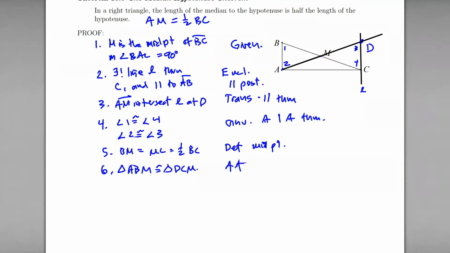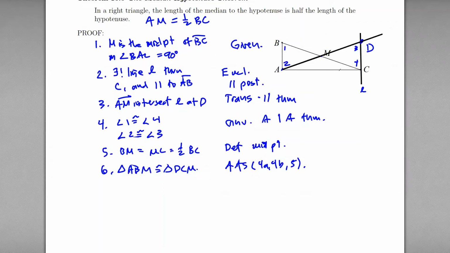And this is angle, angle, side. Angle, angle, side, for A, for B, and 5. But that does get us some really nice things. So we have AB is congruent to CD.